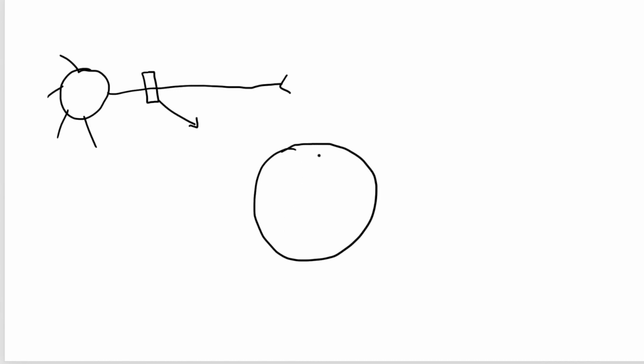The inside of the neuron is more negative compared to the surrounding extracellular fluid. Okay? And Neuroscience Online says that the inside of the neuron is minus 60 millivolts.